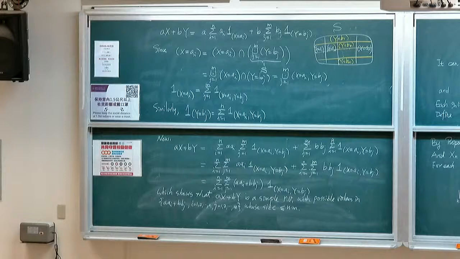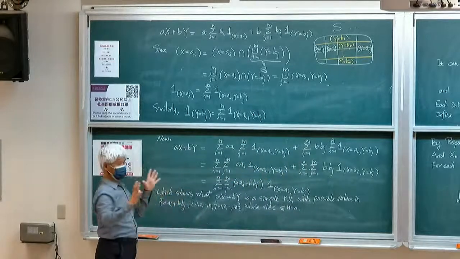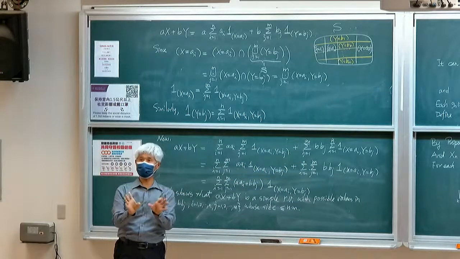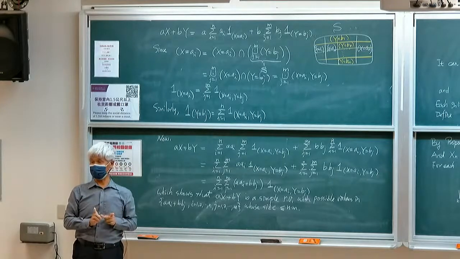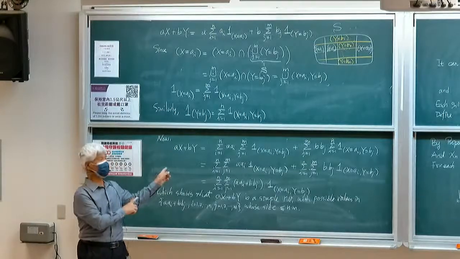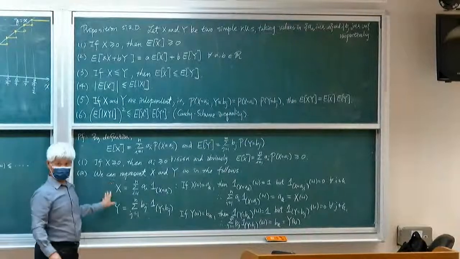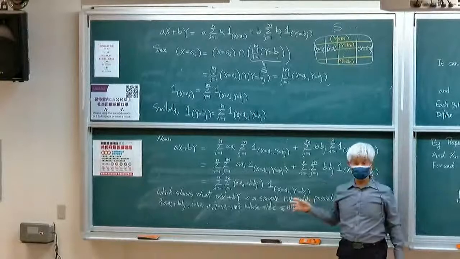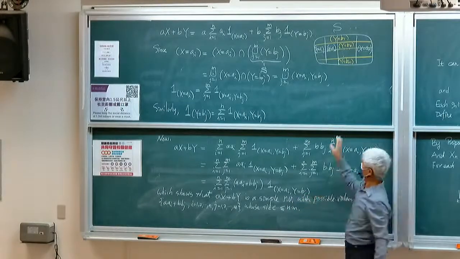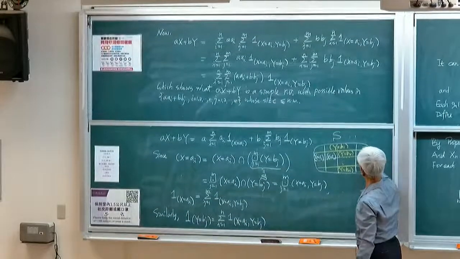So the indicator notation gives us a way to simultaneously show that the linear combination of two simple random variables is still a simple random variable. Okay, even though I didn't state it explicitly here, we have to make sure of that. Okay, and the possible atomic events are the smaller pieces here.